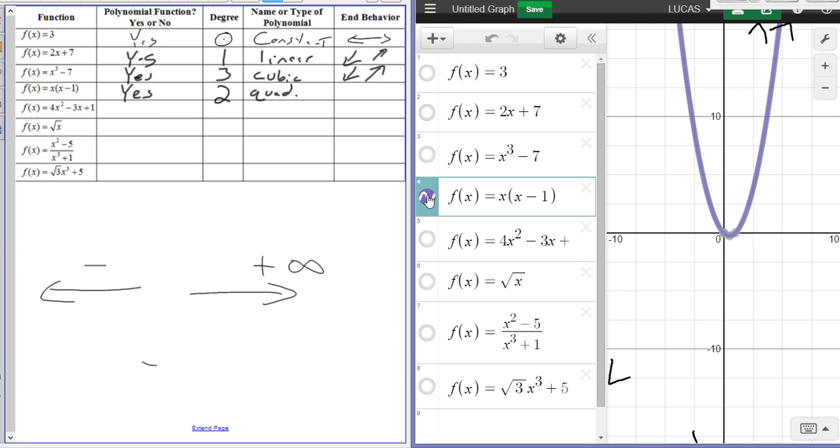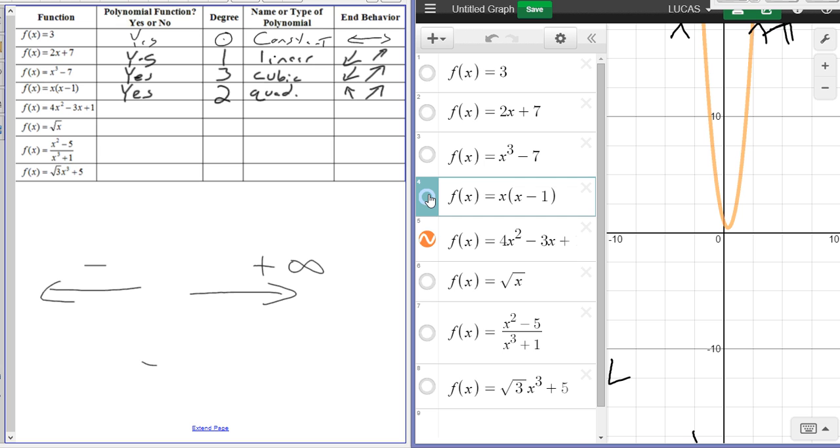And this quadratic, notice this one, we are going to start high and end high as well. Okay, 4x squared minus 3x plus 3. So if we look at that function again, it's just going to be a parabola. So yes, again, it's a degree 2. It's a quadratic, and it starts high, ends high.